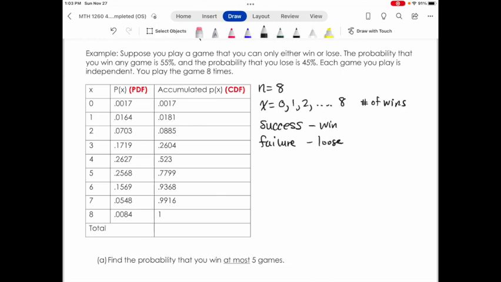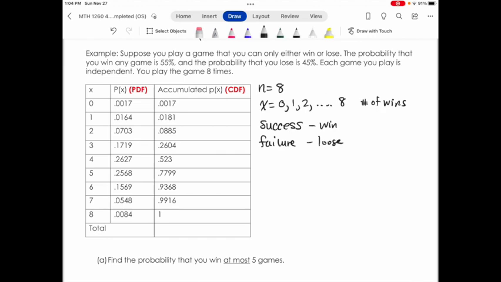If I look down where x is 3, the probability is 0.1719, which is the probability that you win the game 3 times. That is your PDF column. When I calculated these values, I rounded to 4 places, so just keep that in mind.